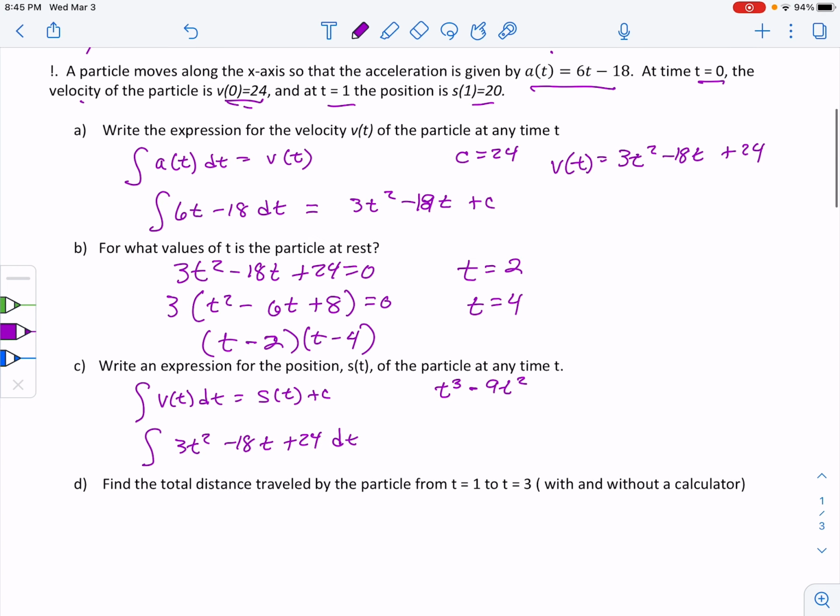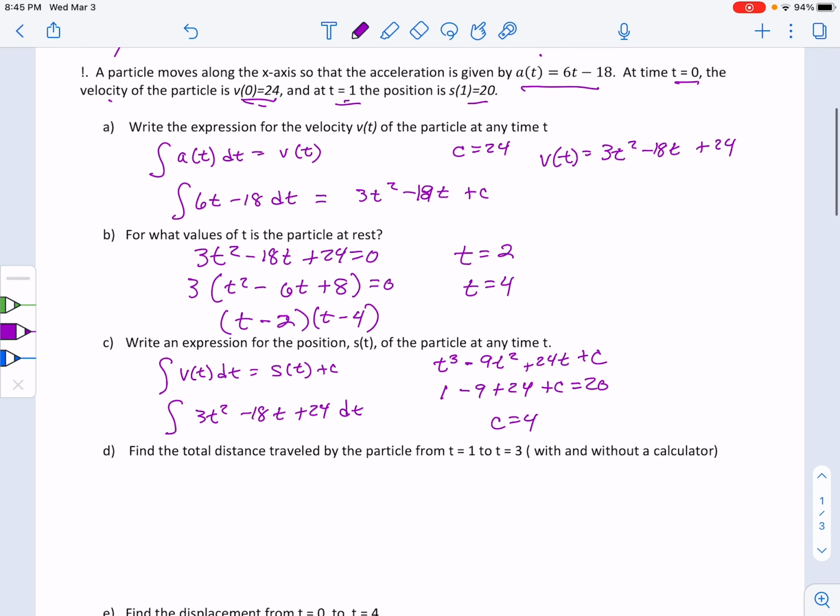So, plus 24t plus c. It tells us at t equals 1, the position is 20. So you get 1 minus 9 plus 24 plus c equals 20. And you end up with c is equal to 4. So my position function is t cubed minus 9t squared plus 24t plus 4.